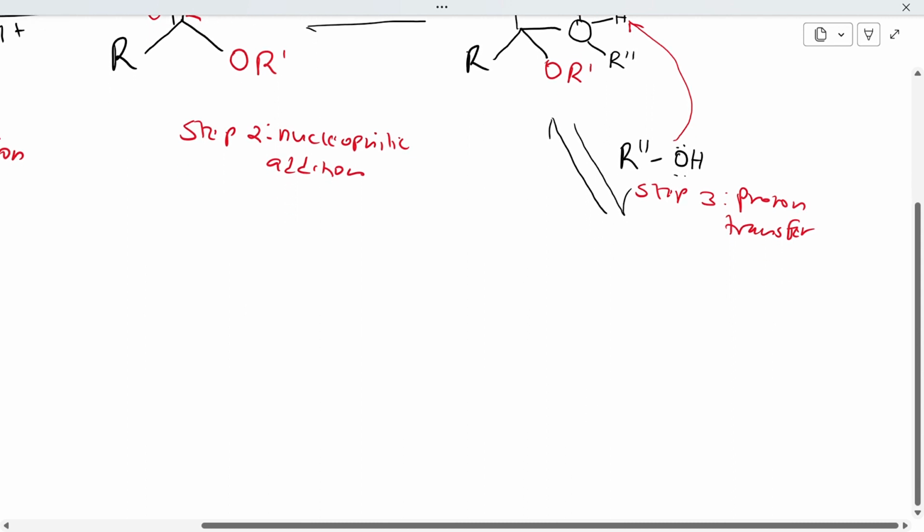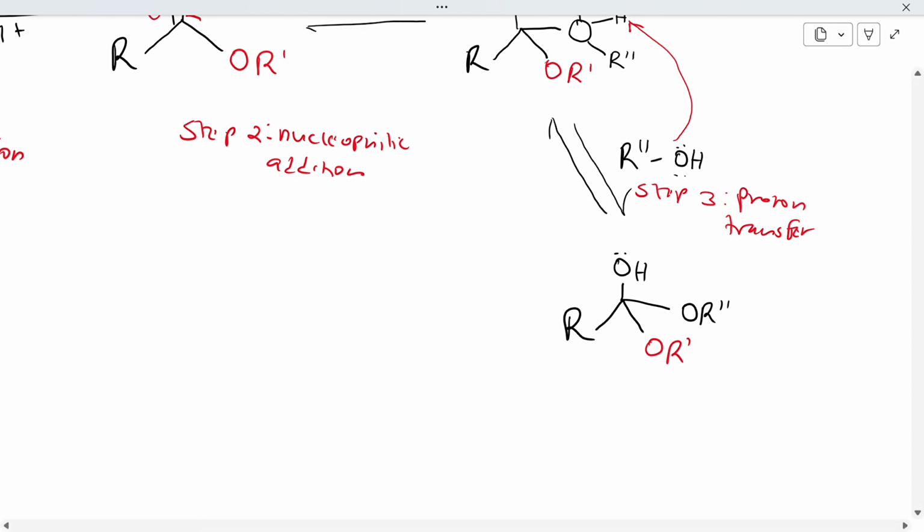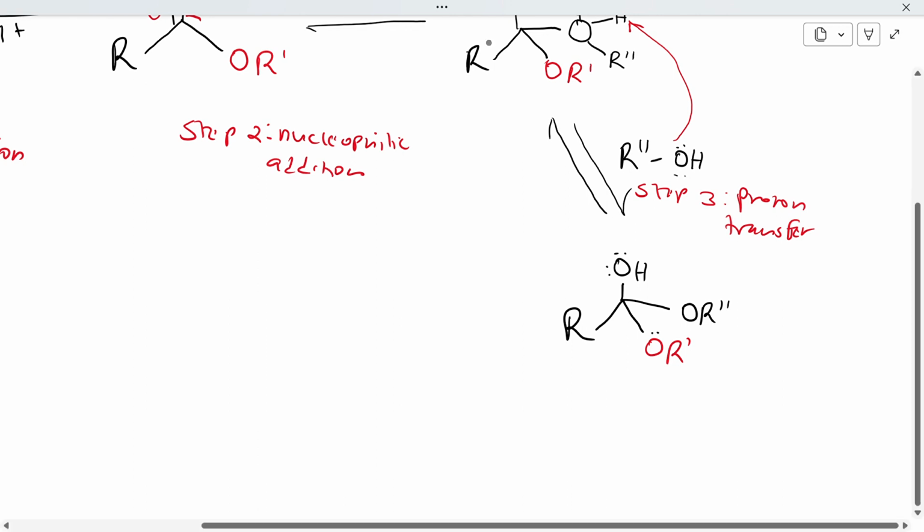When that happens, I'm going to form a new product, and my product is going to be R, that is bonded to OR pi, that is bonded to OR double pi, and on the other side I'm having OH with the two lone pairs of oxygen. This one has a lone pair and a lone pair, a lone pair and a lone pair. You have to take that into consideration.